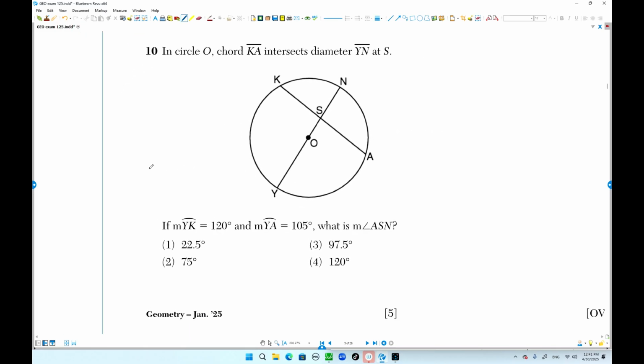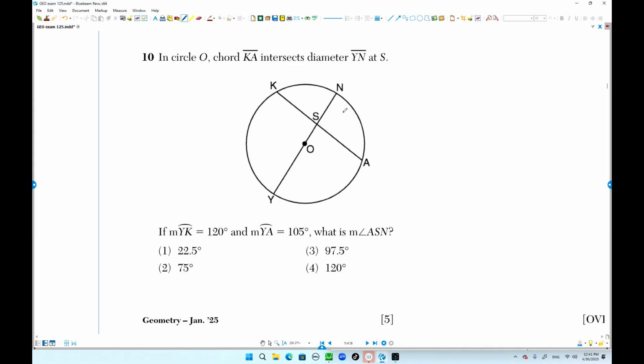Number 10, we have two chords, right? Intersecting inside. The measure of arc YK is 120. This side is 120 degrees. The other side, YA, from this side, 105 degrees. What is the measure of angle ASN? Where is ASN? This angle, the intersection angle.